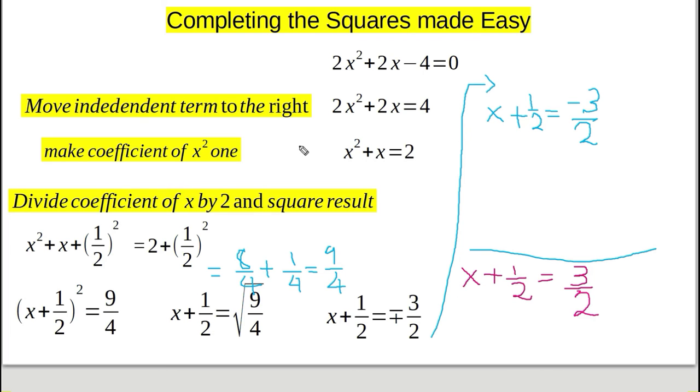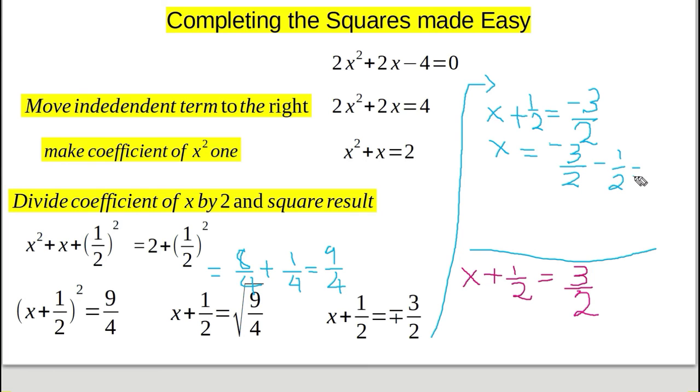Now we go on and resolve for the two values of x. I would resolve the first one. We have x is equal to minus 3/2. This half crosses the equal sign, it becomes minus half.